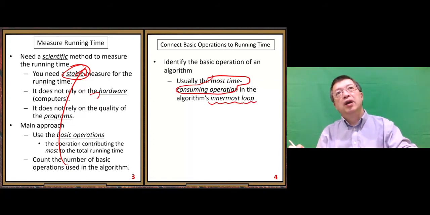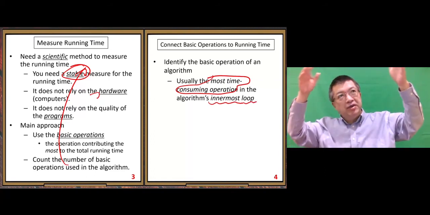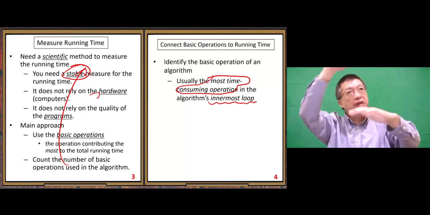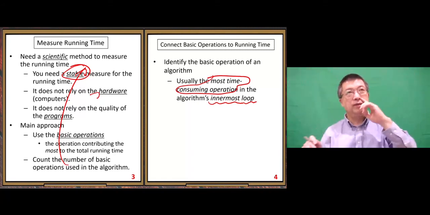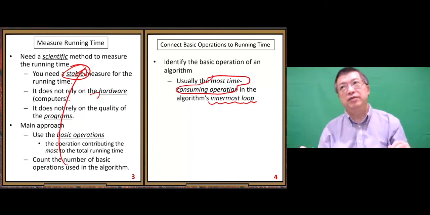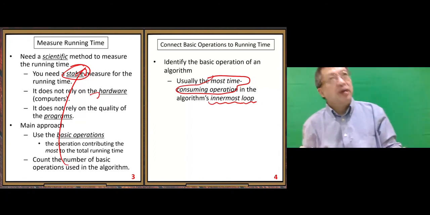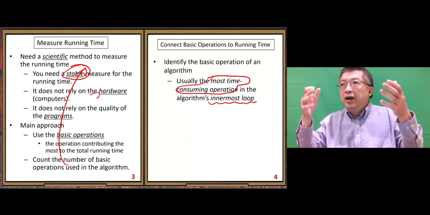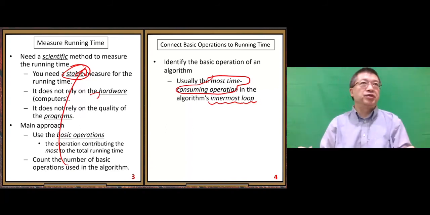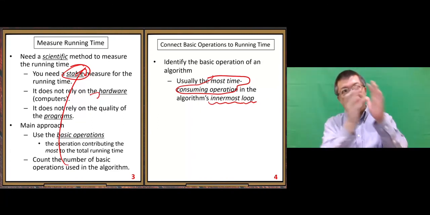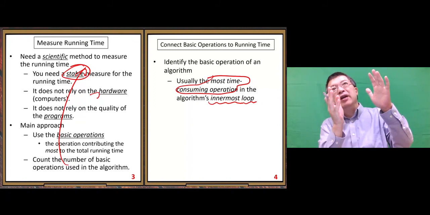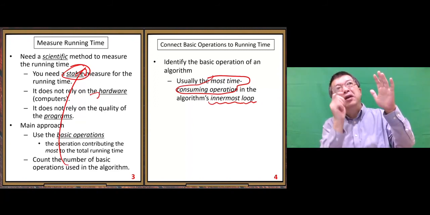When you implement your algorithm, you need to write for loops, while loops. Many times your loops could be nested, multiple levels. Then look at the innermost.